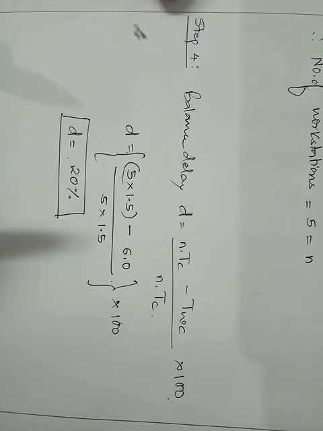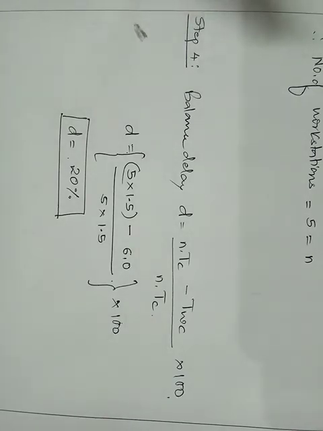Balance delay of 20% indicates that there is an imbalance in the line. Hence, it is not possible to balance the line due to technological sequencing and delay in the line. When I say delay in the line, it may be due to frequent breakdowns or some maintenance issues.